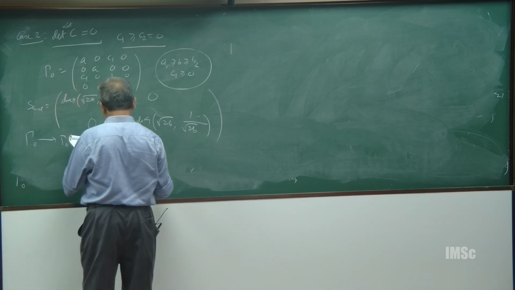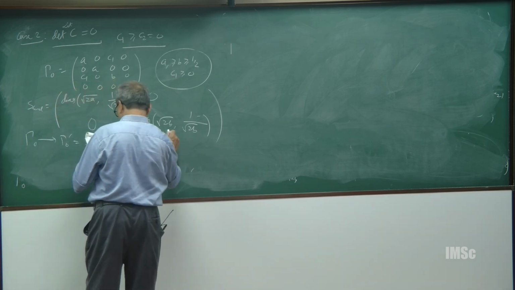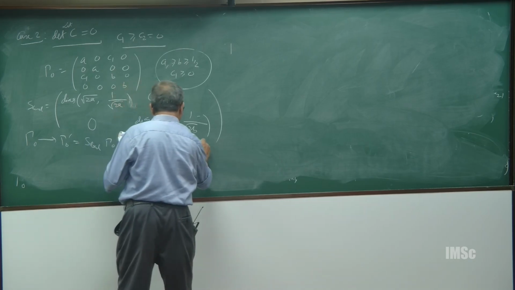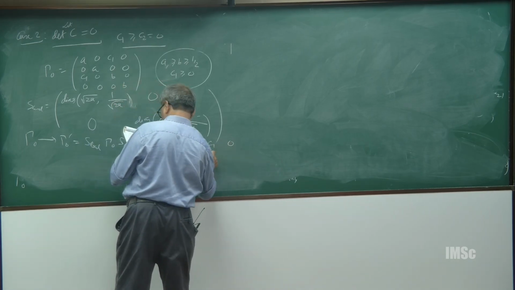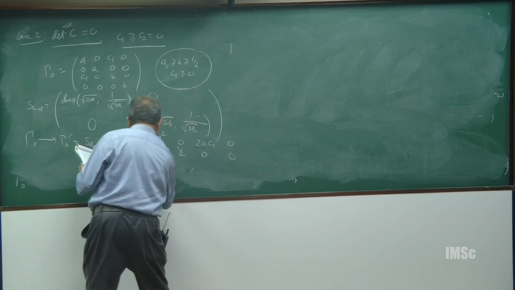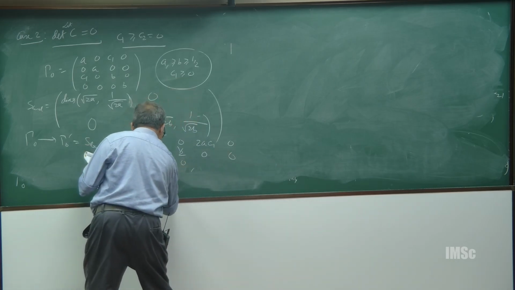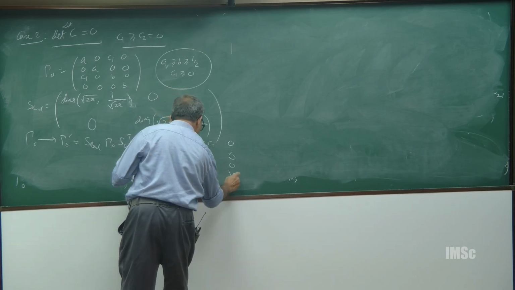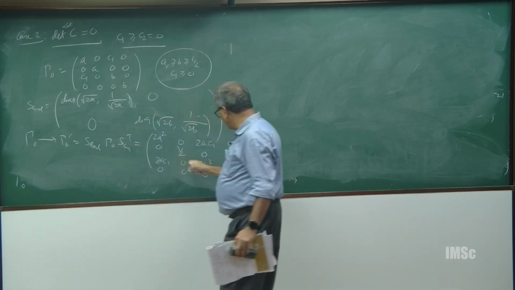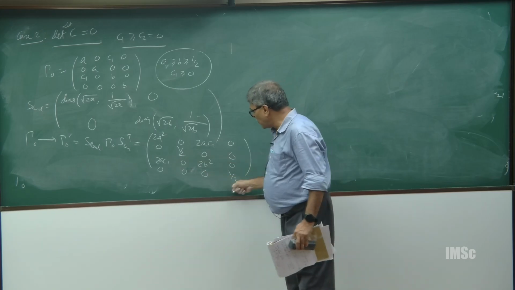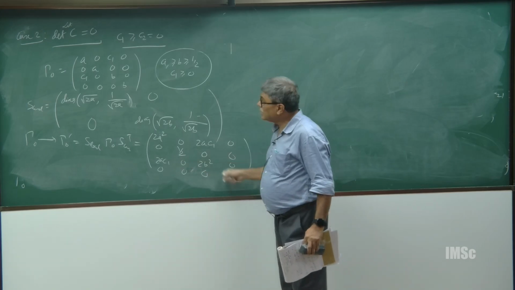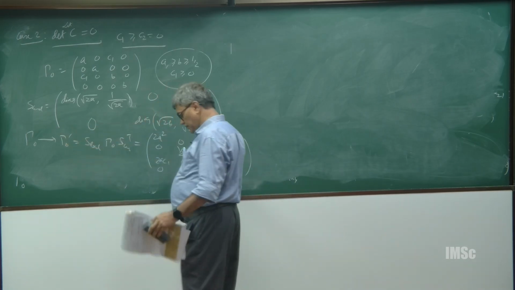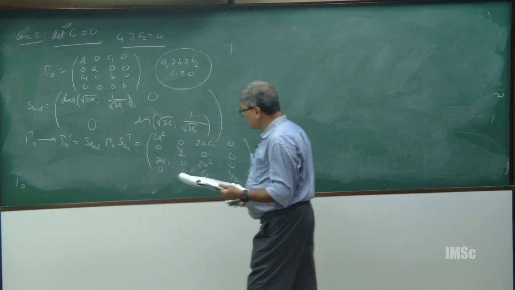So, this will be of this form: twice A square 0 0 half, then twice A C1 0 0 0, twice A C1 0 0 0, and twice B square 0 0 half. So, you see that two of these diagonals I have made half, okay, in order to compare with this half times identity. So, this is what you will have, okay.